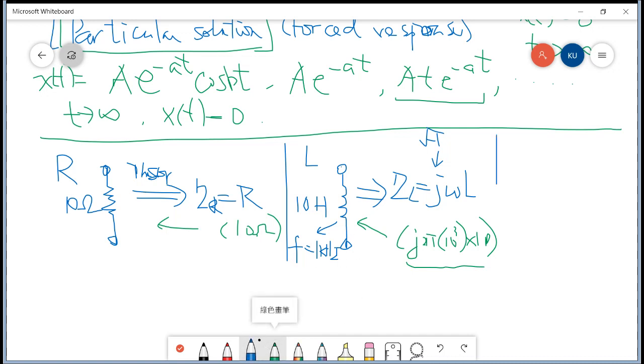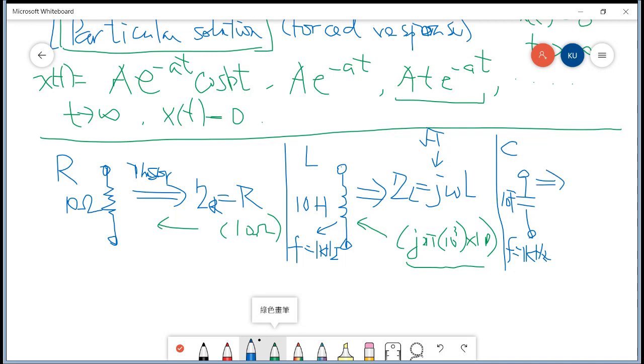And the third component is a capacitor. Suppose it is 10 femtofarads, also f is 1 kilohertz.